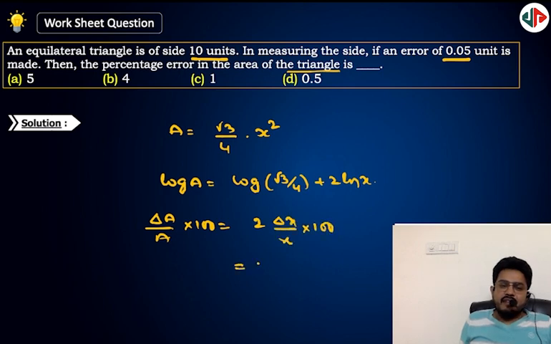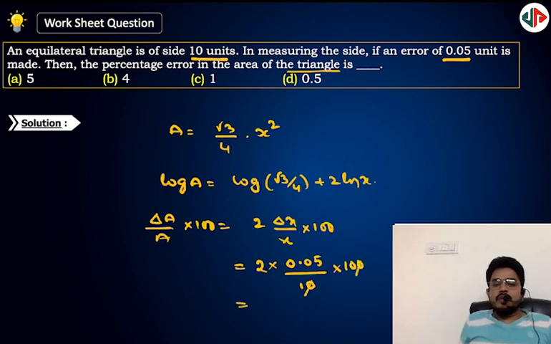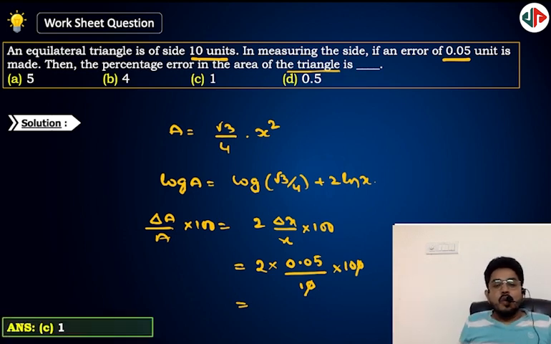I have every value. What is the error in x? Measuring the x 0.05, when the side is 10 units. 10, 10 cancel. So it is equal to 0.5 into 2. So you are going to get 1% error in measuring the area of the triangle.